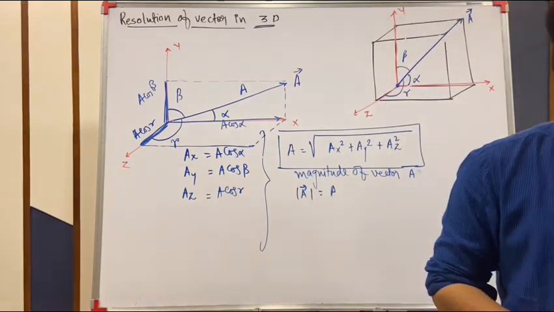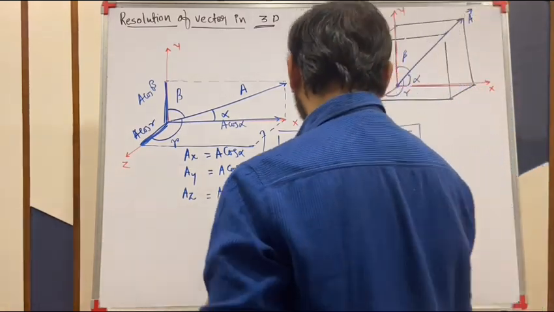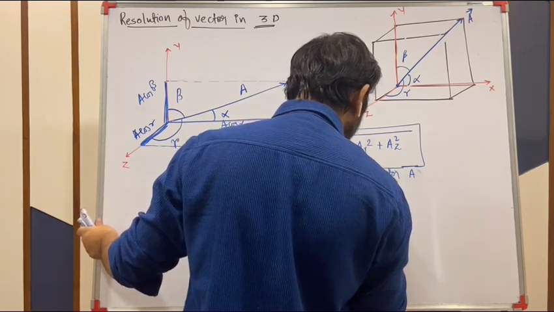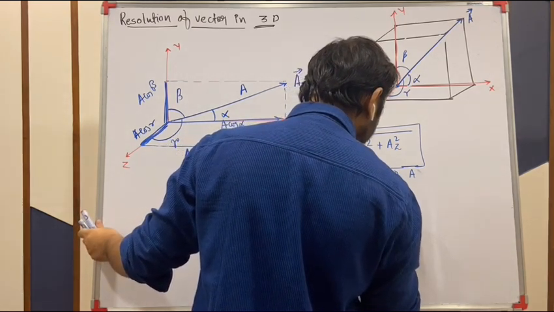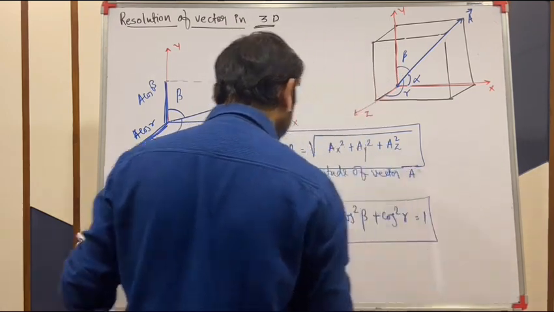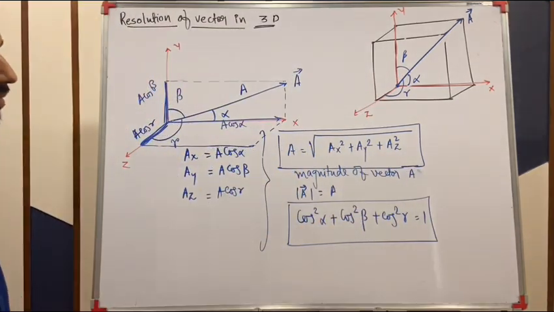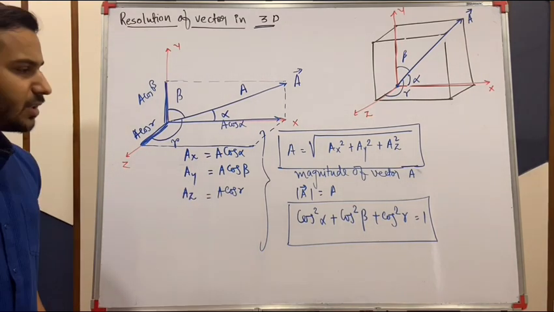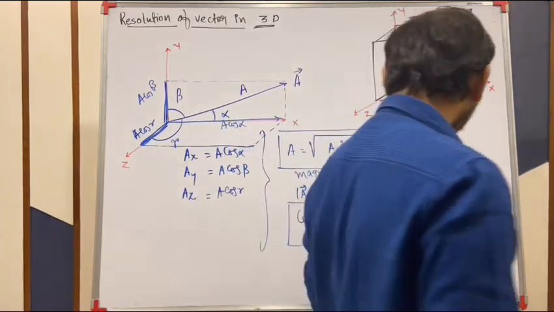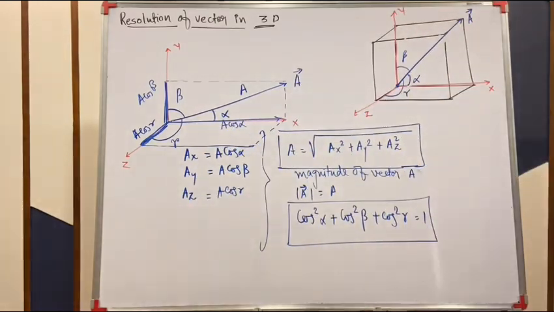But first of all, you write down this and also write this: cos square alpha plus cos square beta plus cos square gamma is equals to 1. We can prove this. I can prove this. First of all, you write down this, then we are going to prove this.